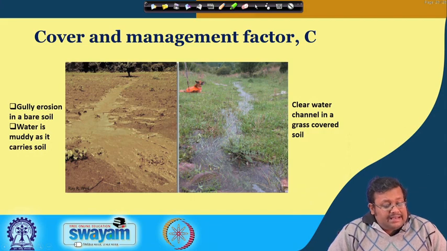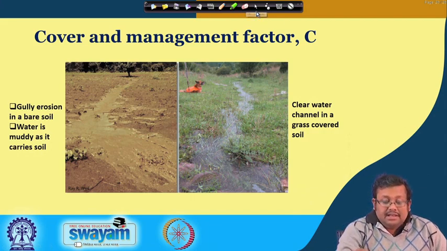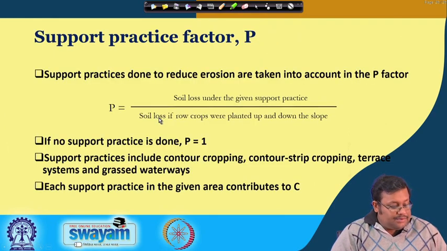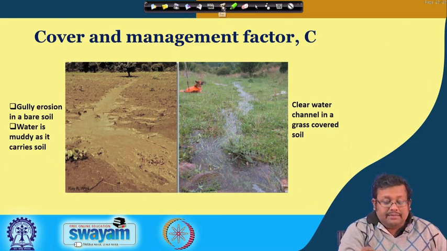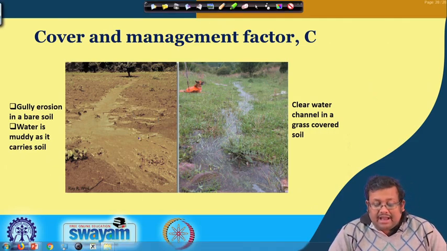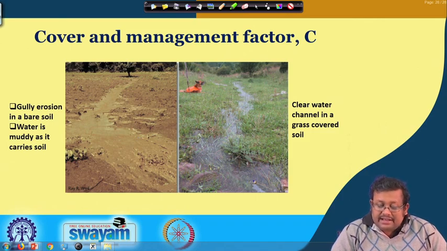So you can see gully erosion in bare soil. In the left picture, this is gully erosion in bare soil, and the water is muddy as it carries the soil. And here you can see a clear water channel in a grass covered soil.